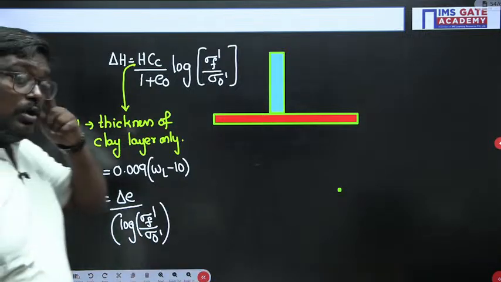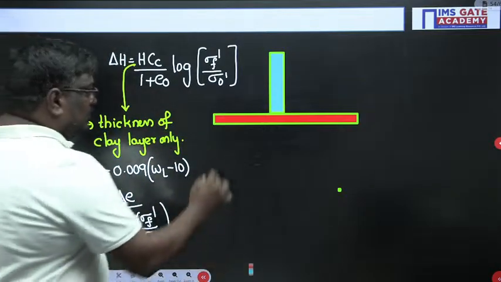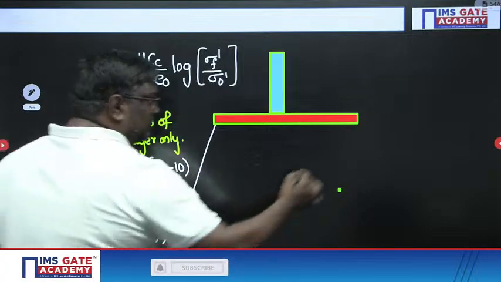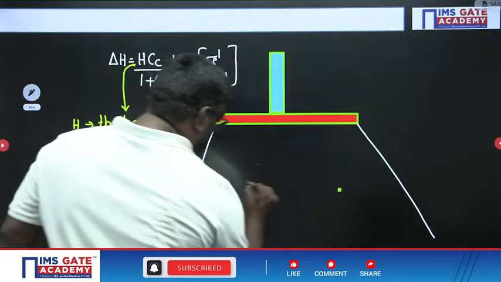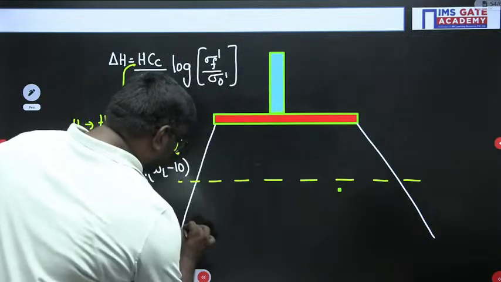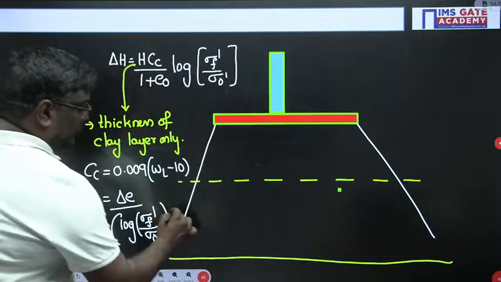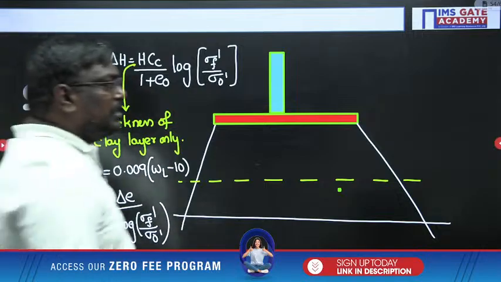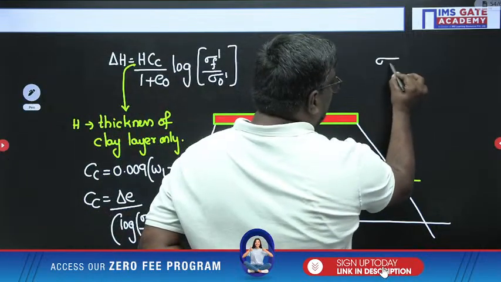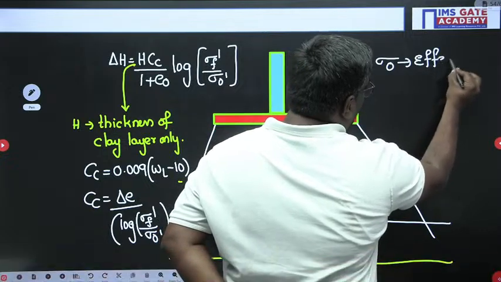Okay. Sir, see now, here if you consider, we will follow some thumb rules. See, if this is the entire soil, please see students, here sigma naught, that is effective stress. Sir, these points are very important in solving the problem.